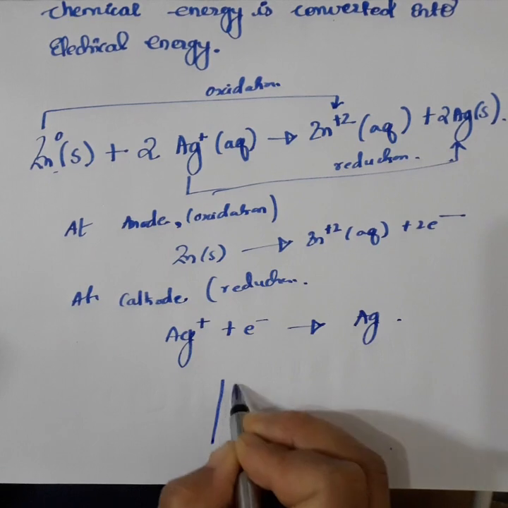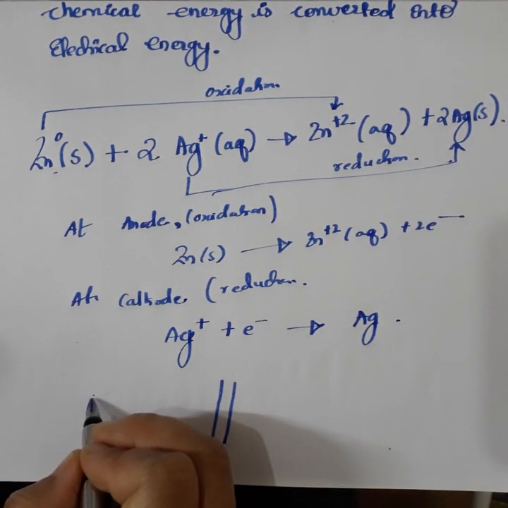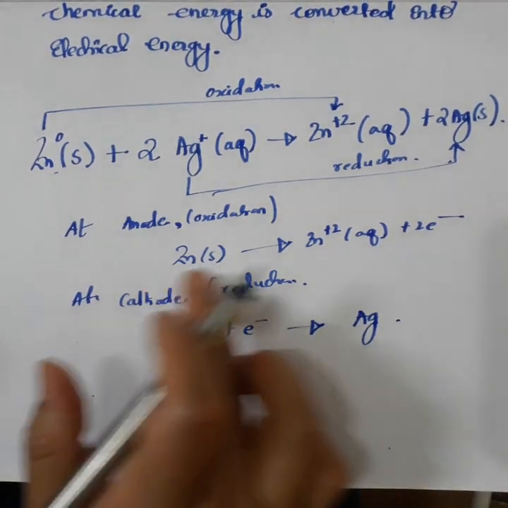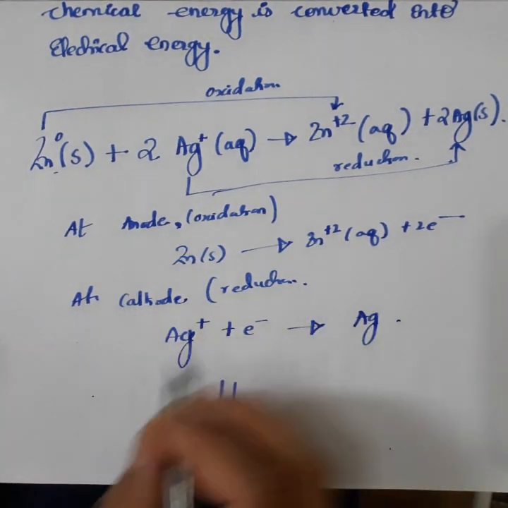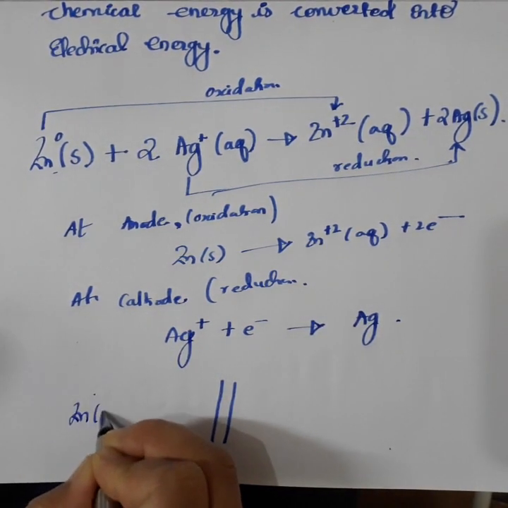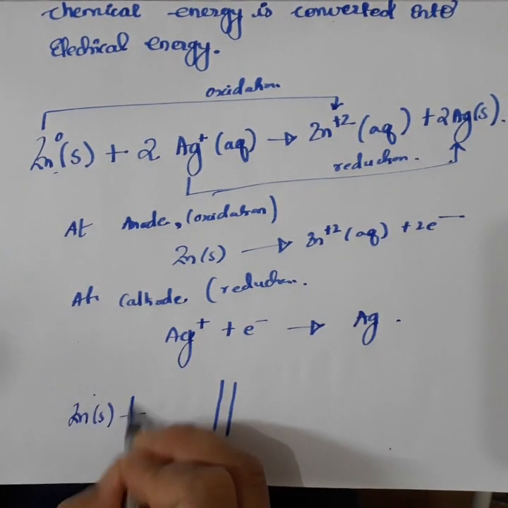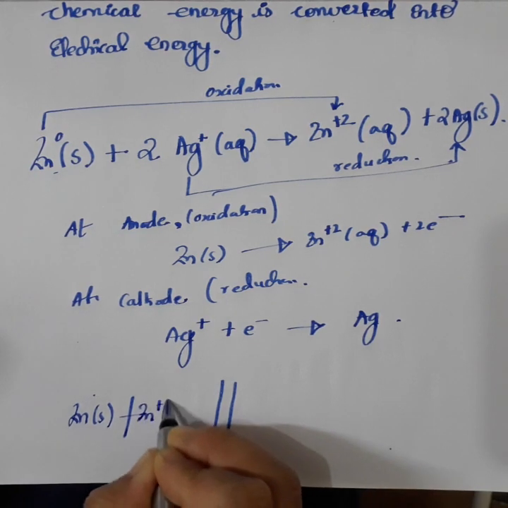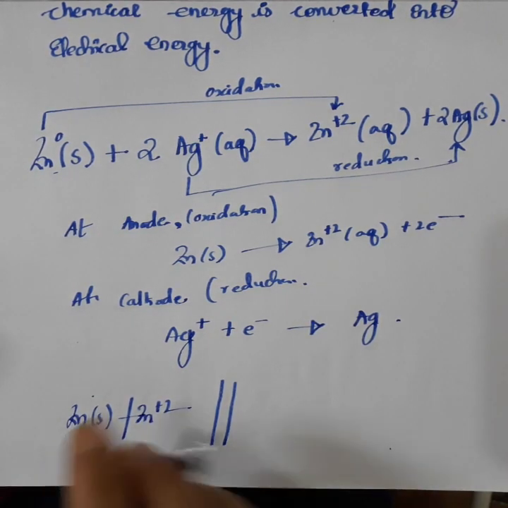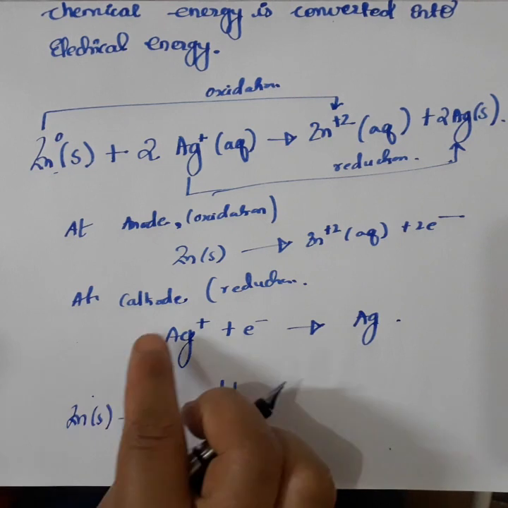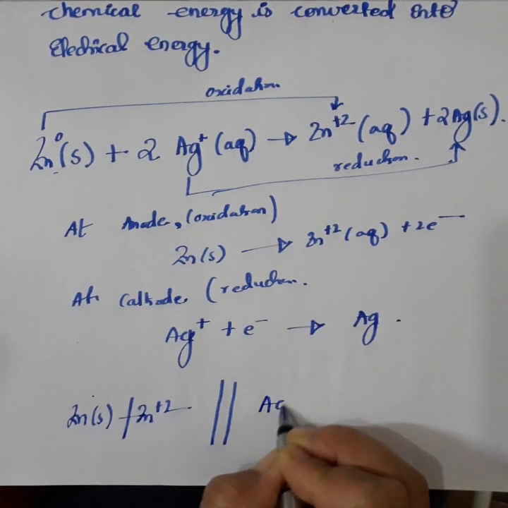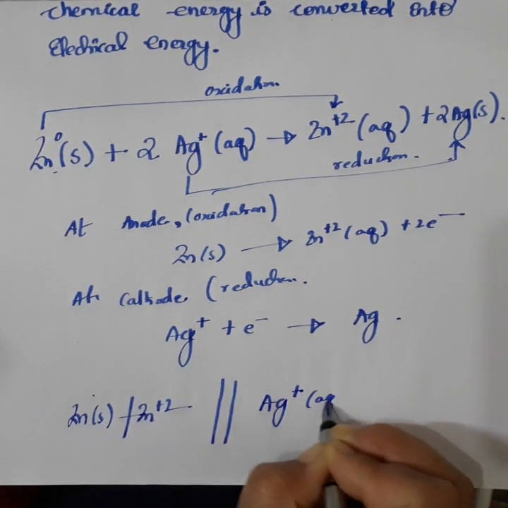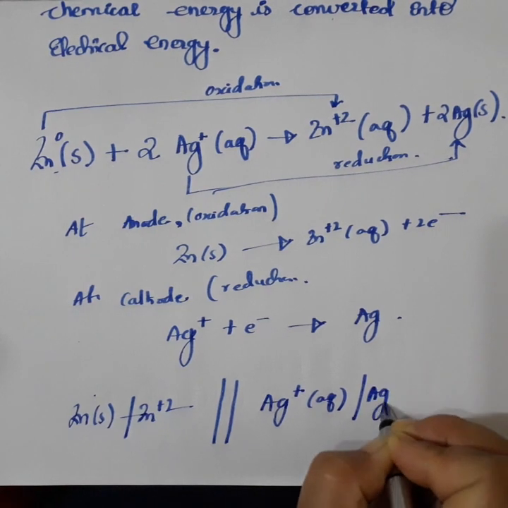Again, salt bridge. To the left side you will write the anode, and the anode is your zinc electrode, and the change is from zinc to zinc ion. Similarly, the cathode on the right side, and the change is from silver ion to silver.